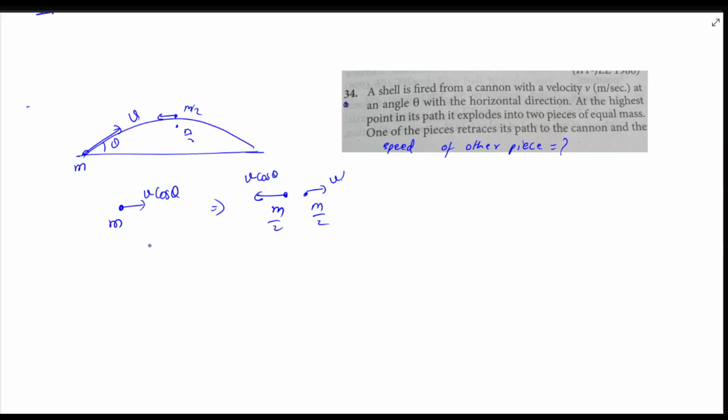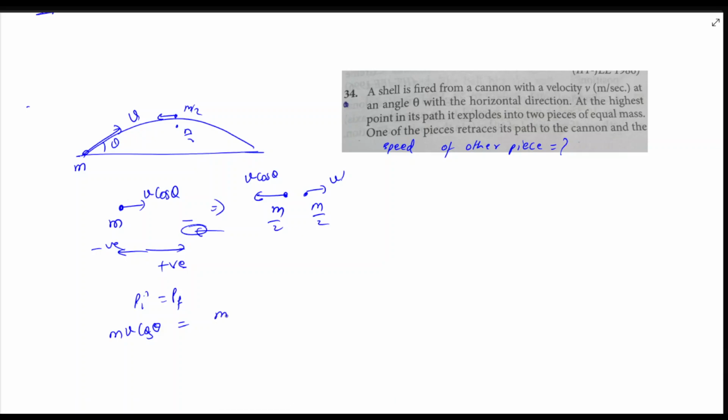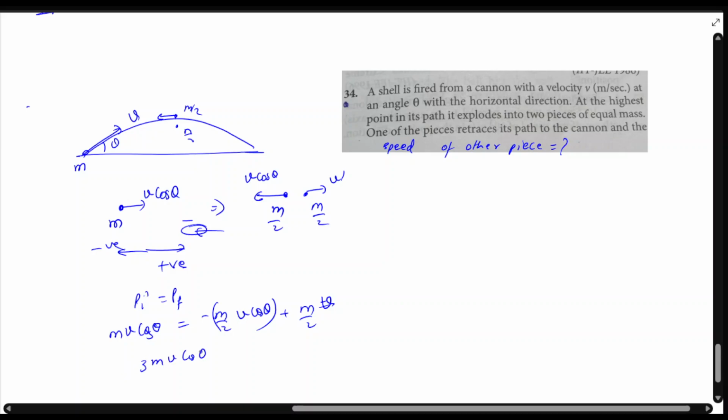We'll just use the conservation of momentum. Let's say this is positive and this is negative. Initial momentum equals final momentum of the system. Initially it will be m v cos theta, equals m by 2 v cos theta, minus, well, plus m by 2 v dash. So we get 3 m v cos theta by 2 equals m by 2 v dash.